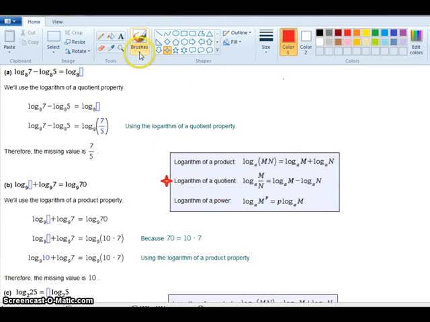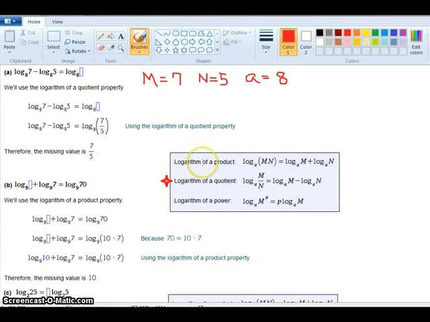In this case, our m is equal to 7, our n is equal to 5, and our a is equal to 8.